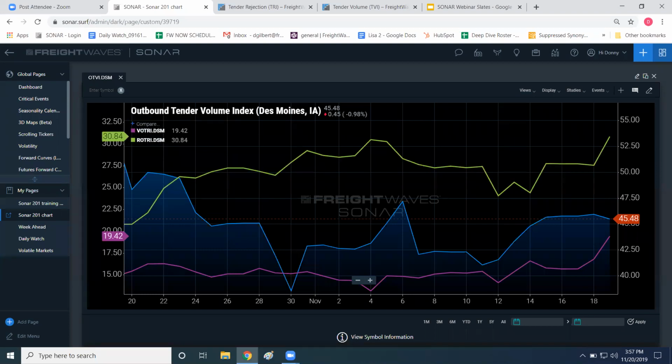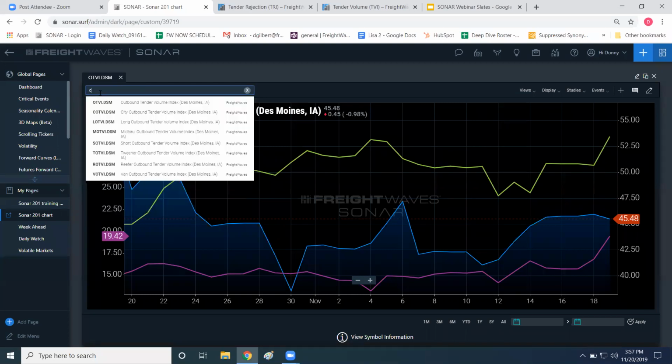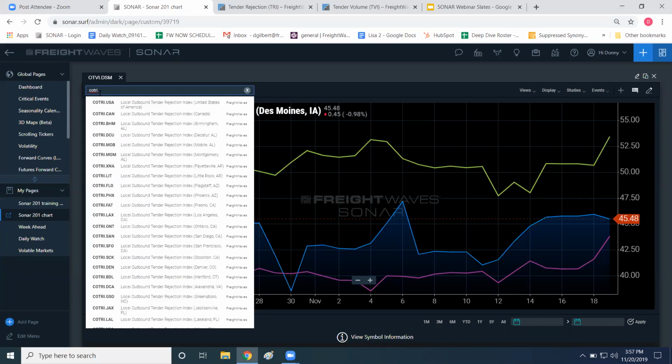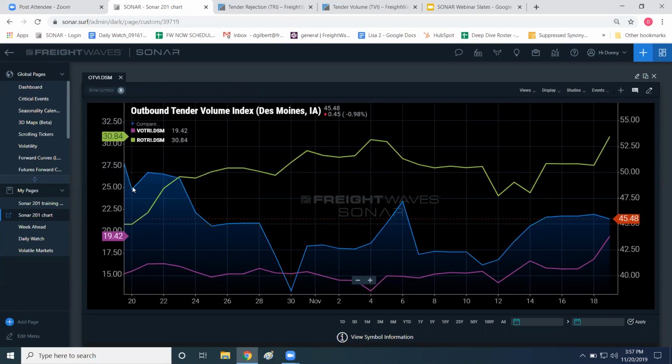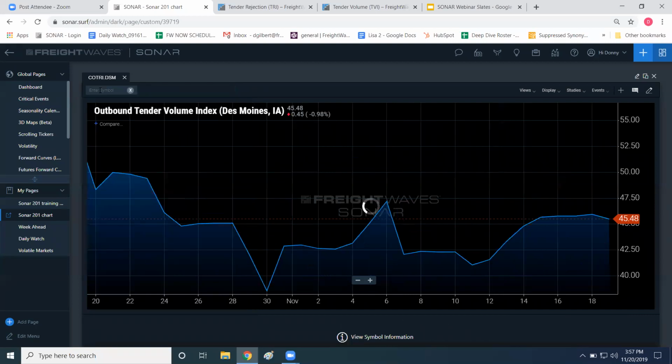So keeping on the Des Moines, I want to look at also the lanes. When I look at the tender rejection rates by lane, this is different lane lengths, and the trailer types are all the same. So I'm going to bring up first our COTRI.DSM. I need a TRI.DSM. There we go.